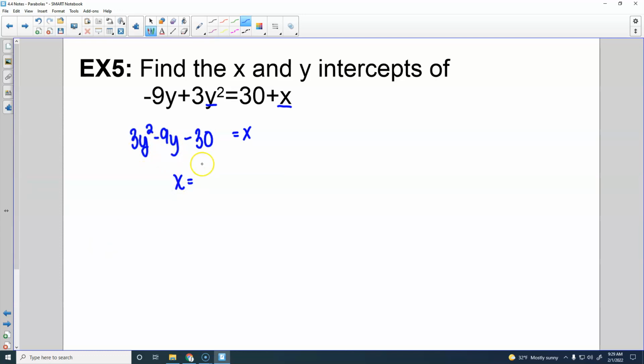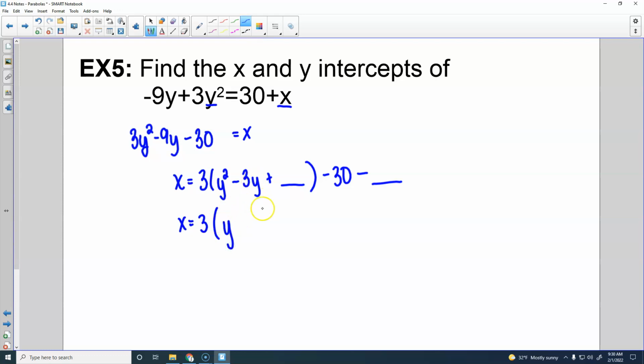And so if I factor out my 3, I've got 3 times y squared minus 3y plus blank minus 30 minus blank. I don't know if you guys ran into these much where you don't get whole numbers here, but the process is still the same.